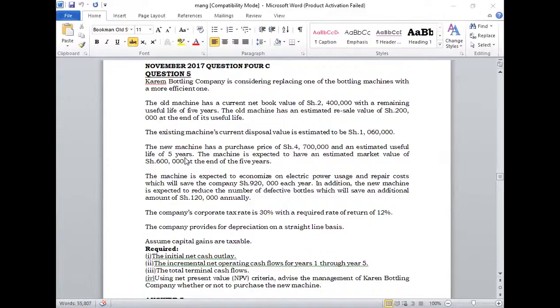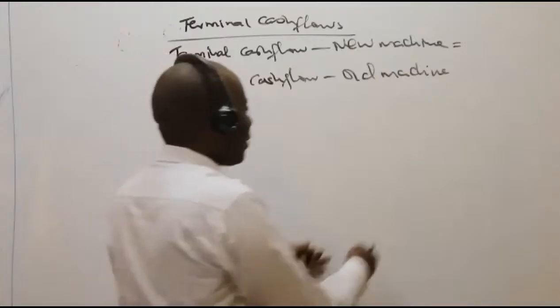You can see the scrap is 600. This new machine, the terminal cash flow is 600.